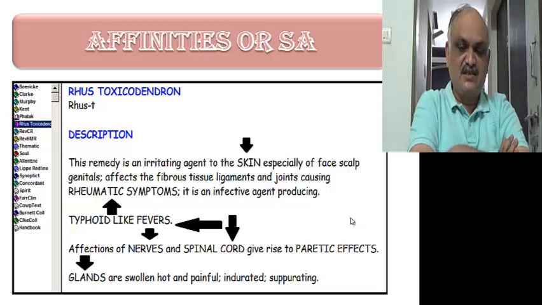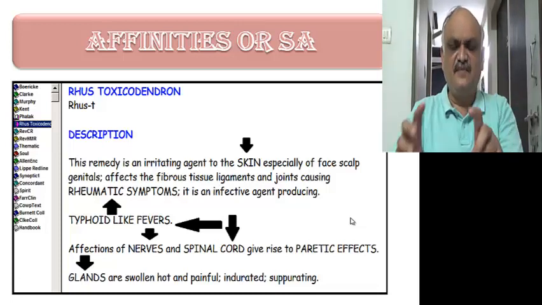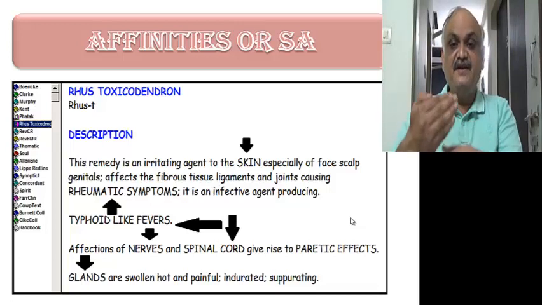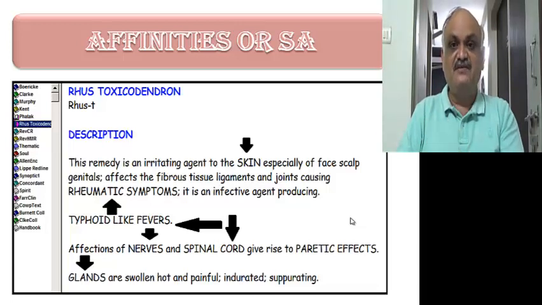Second thing, suppose you have a list of remedies, many remedies like 5 or 10 coming up in the repertory, and you have to choose one, then affinities help you decide which to select. Suppose in our first case Sepia, why did we select Sepia?